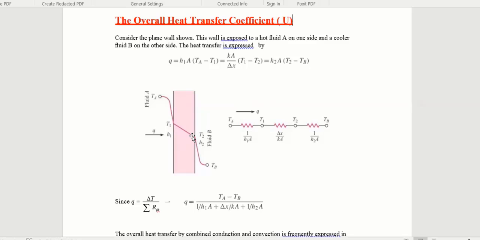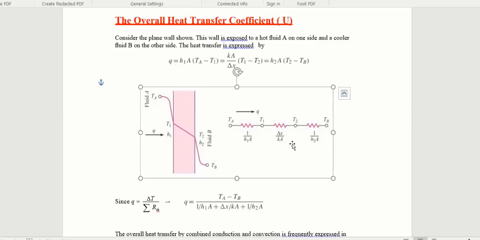That's why it is conduction. And again, when the heat reaches the outer surface, it is transferred to the outer fluid. So the heat is now flowing from this wall to the air by convection. So there are two convective resistances, the first and the third, and one conductive resistance.